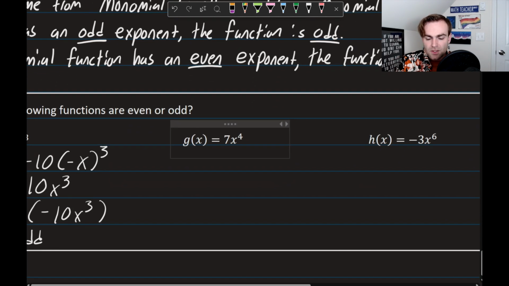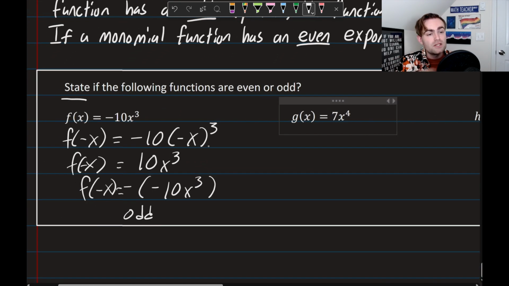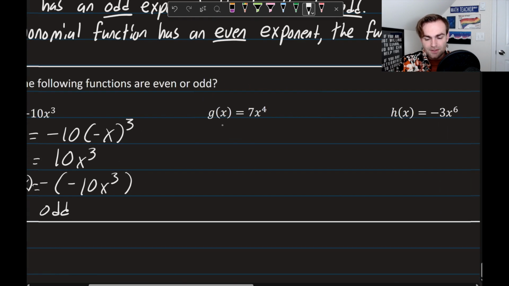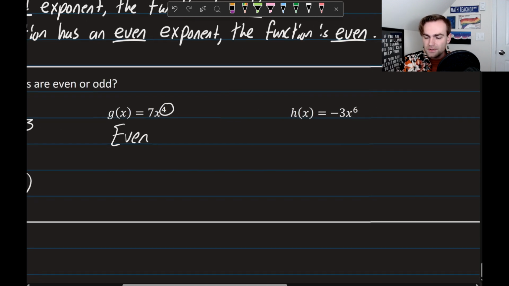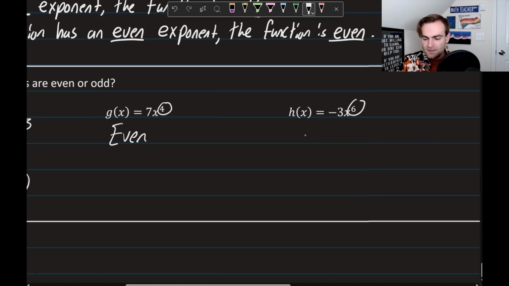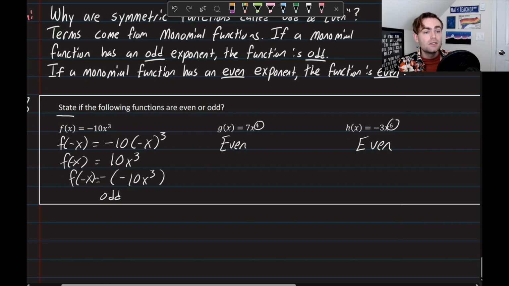So for these, we don't actually have to do the whole property and show off the property because it just says state. So I didn't have to do all of this work. I can just say odd, just like I can for this one and say it's even because 4 is even. Like this one, 6 is even, so this is also even, which makes life a little easier. So please pay attention to what's being asked of you.